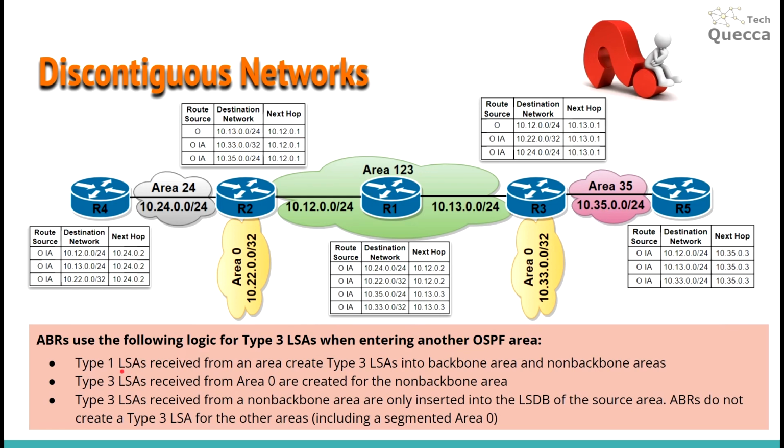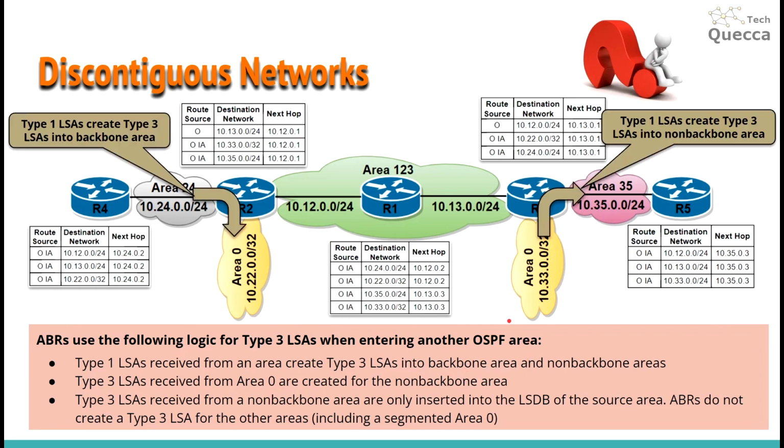Type 1 LSAs received from an area create type 3 LSAs into the backbone area and non-backbone areas. So when an ABR receives a type 1 LSA, it creates a type 3 LSA into the backbone area, and when an ABR receives type 1 LSAs from a backbone area, it creates a type 3 LSA into a non-backbone area.